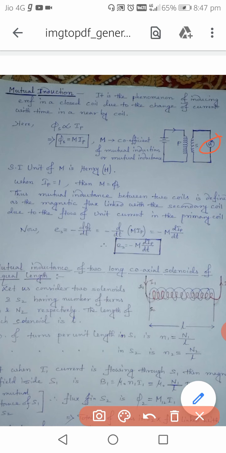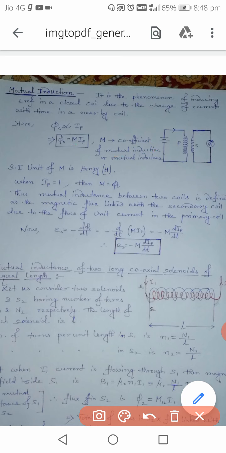Now in mutual induction, suppose phi s is the flux linked with the secondary and IP is the current flowing through the primary. This flux phi s is directly proportional to IP. If you replace the proportionality sign by an equal sign, there should be some constant M. In the previous case the constant was L, the coefficient of self-induction, but in this case it is M, the coefficient of mutual induction or mutual inductance.